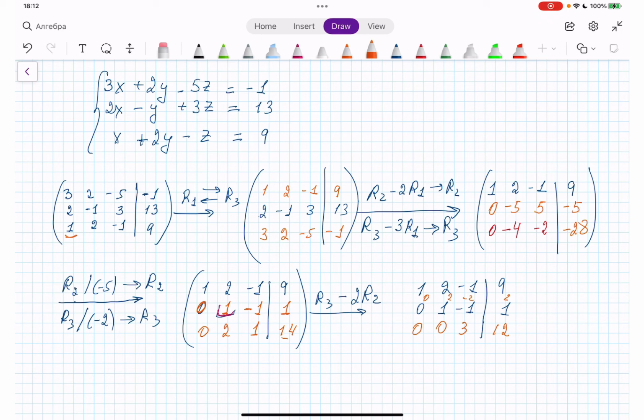If it would be easier, maybe I should have written this down on this side. 0, and then 2, this is negative 2, and this is 2.